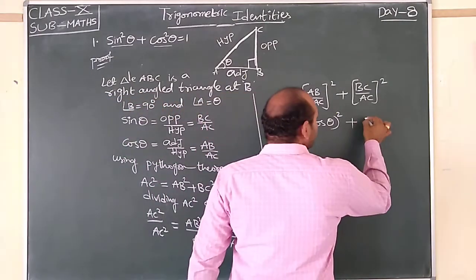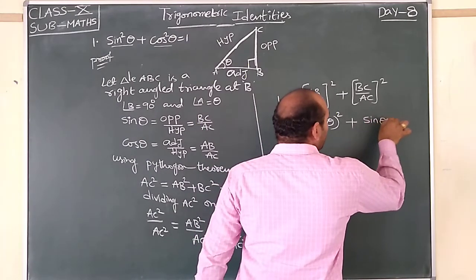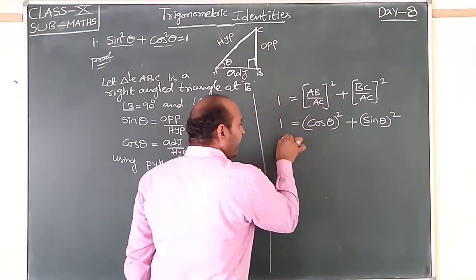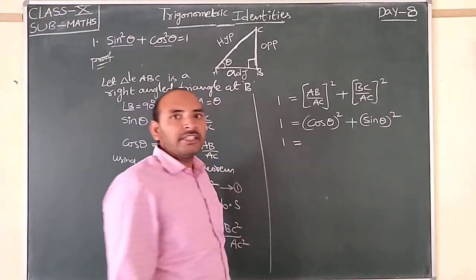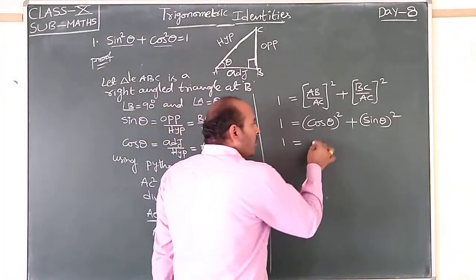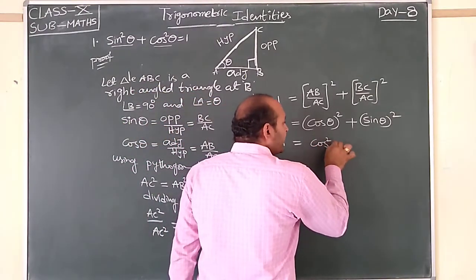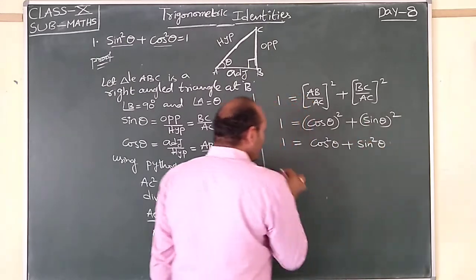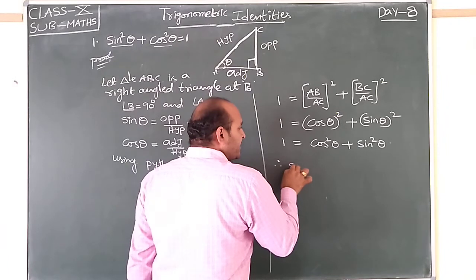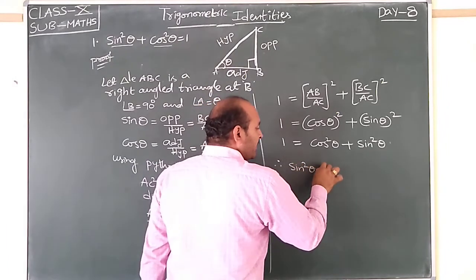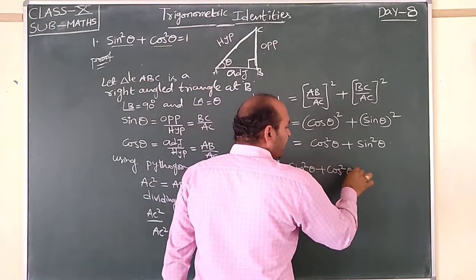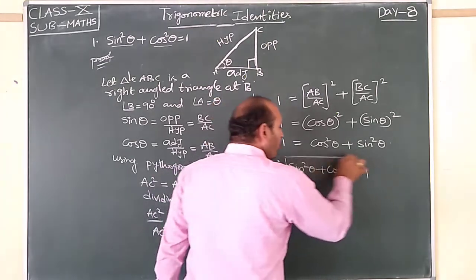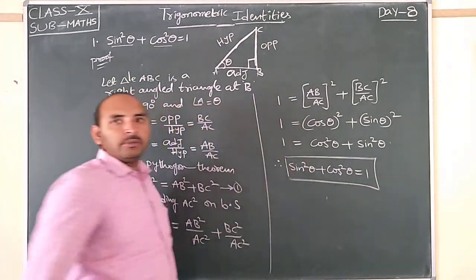So BC by AC value is sin theta, whole square. So you can write 1 is equal to cos square theta plus sin square theta. Therefore sin square theta plus cos square theta is equal to 1. This is the one property.